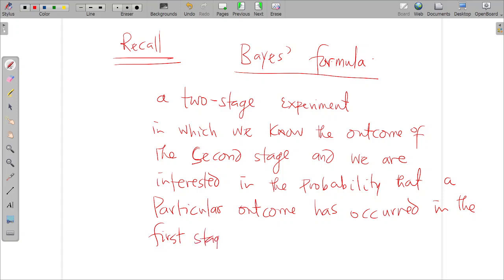So we are dealing with a two-stage experiment in which we know the outcome of the second stage, and we're interested in the probability that a particular outcome has occurred in the first stage.